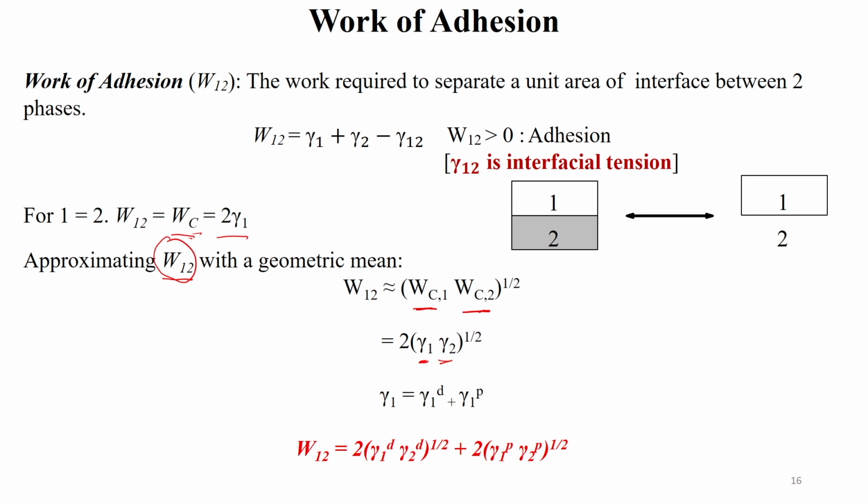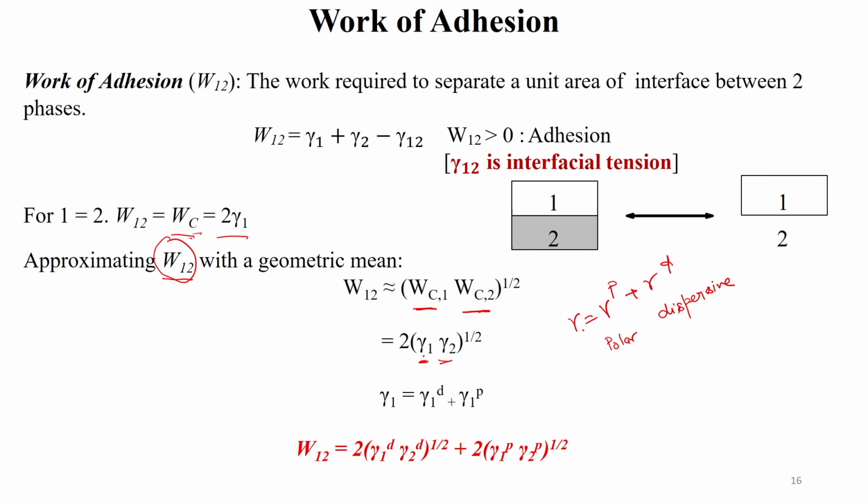Now, if you consider the surface tension of a molecule, it has both components, gamma equal to gamma p plus gamma d. It has the polar component plus the dispersive component.